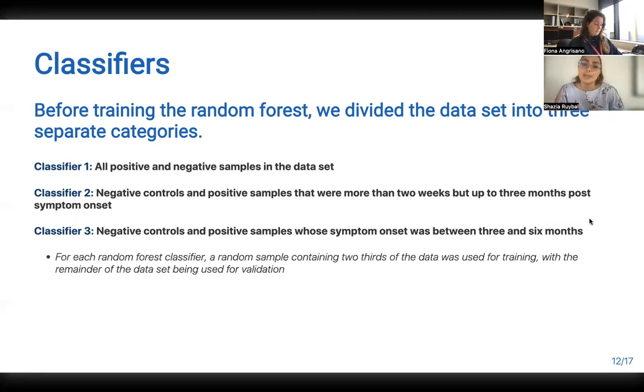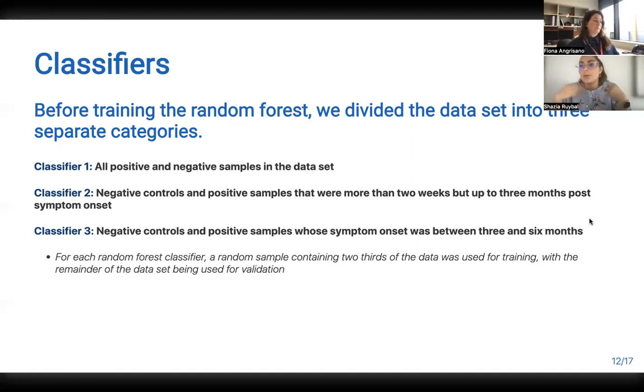For each classifier, the way you train the algorithm is you give it the data set, so those 3 data sets, and then 2/3 of the data randomly is used for training, and the remaining 1/3 is used for validation. We don't really need to get into that, but all you need to know is that the division of the data set happens randomly.